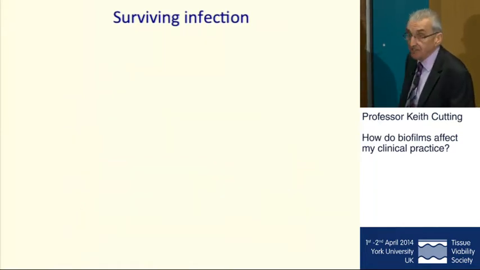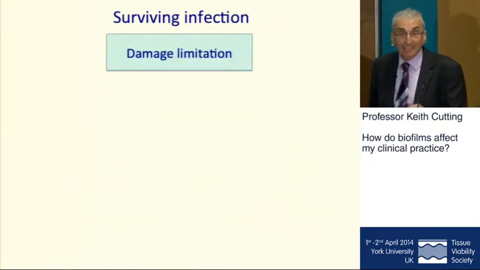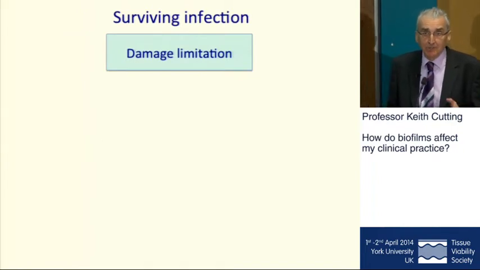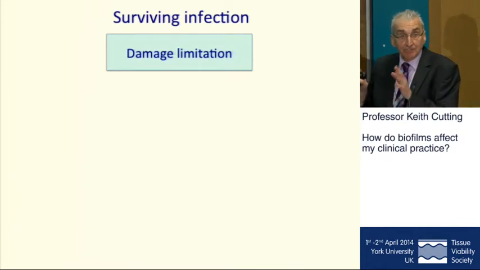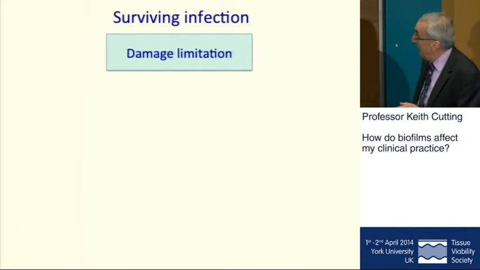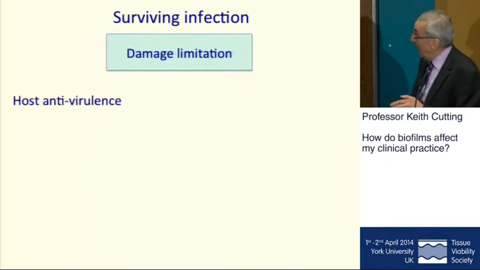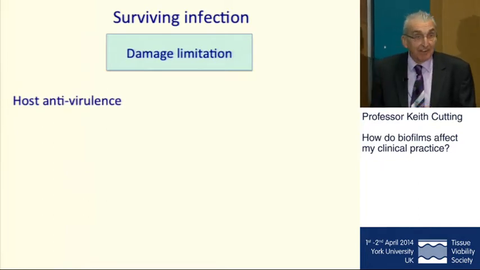So an alternative has been suggested whereby we look at damage limitation. So we don't necessarily focus on killing the bugs, but more on reducing morbidity. And we can do this through promoting host antivirulence.